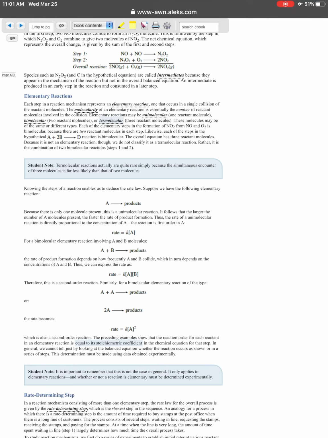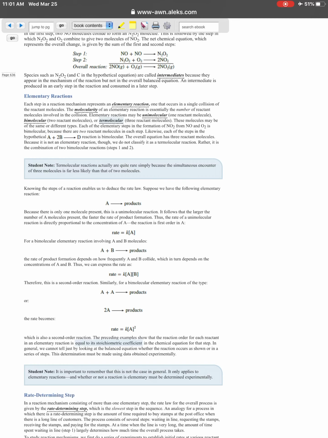Similarly, for a bimolecular elementary reaction of the type A plus A arrow products, or 2A arrow products, the rate becomes rate equals k times the concentration of A squared, which is also a second-order reaction.